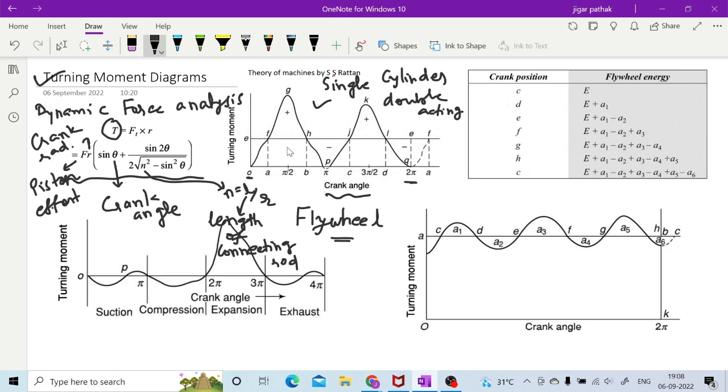So if you see here what is happening, this line is the line of mean torque, which is actually required at every time. Sometimes the energy generation is in excess, like FGH, so that will be stored in your flywheel.